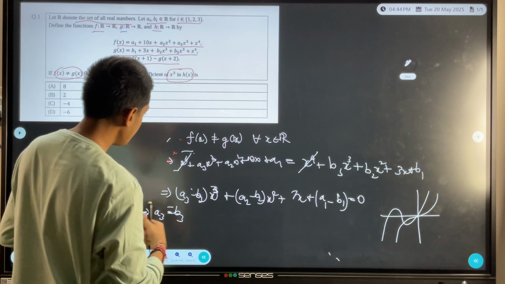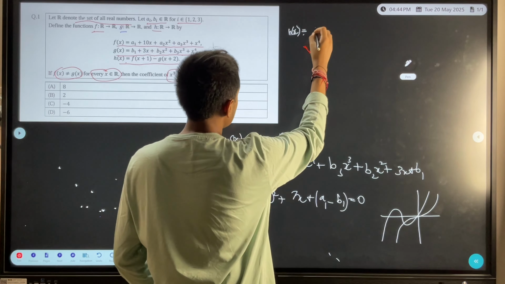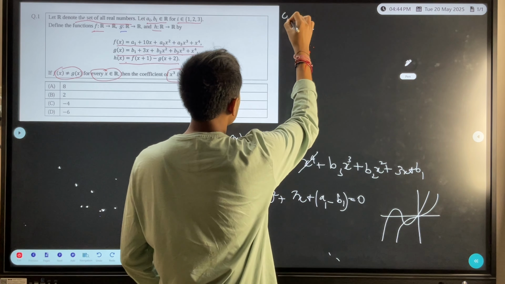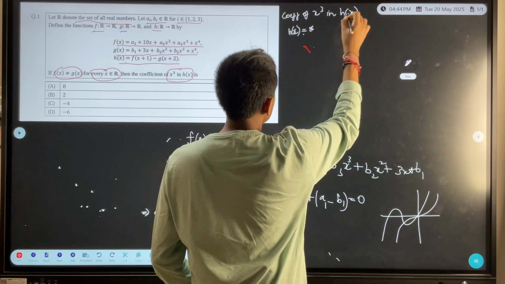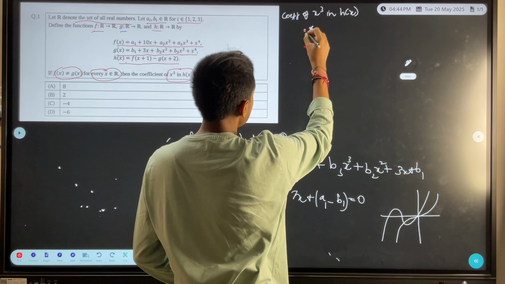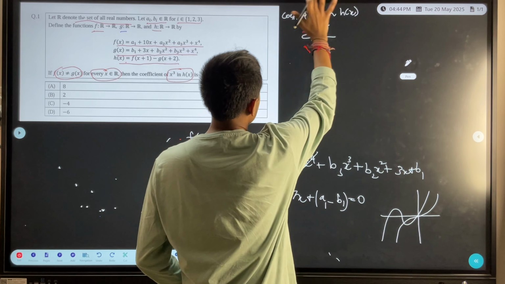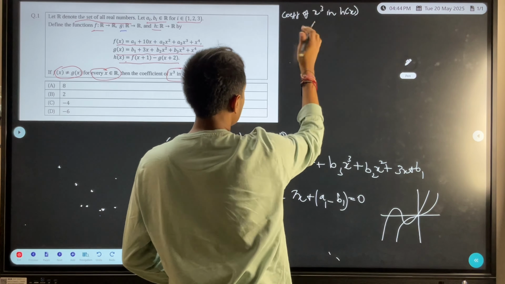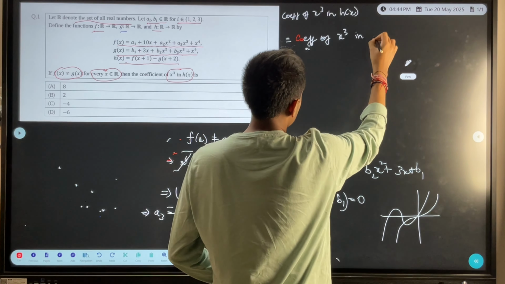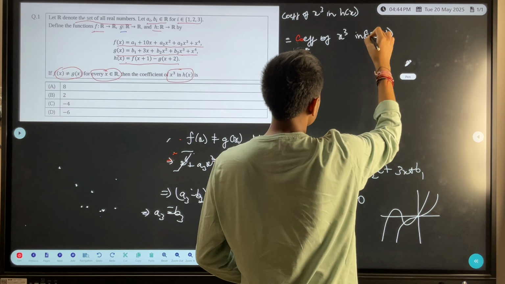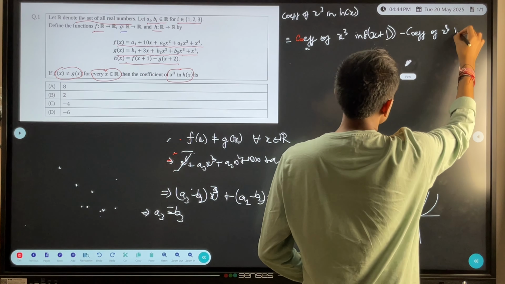So what we can do now is we can say the coefficient of x cube in h(x) will be equal to the coefficient of x cube in f(x+1) minus the coefficient of x cube in g(x+2), right?